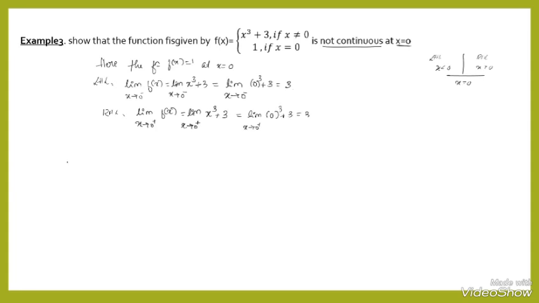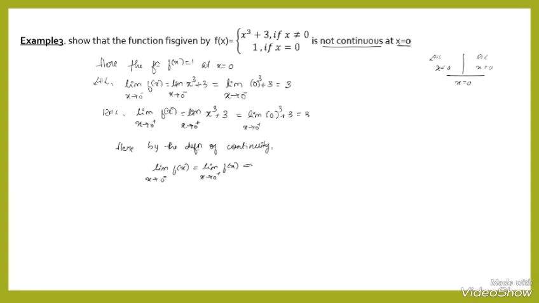Here, by the definition of continuity, what we say is that the limit as x tends to 0 minus of f(x) equals the limit as x tends to 0 plus, that is the right-hand limit, of f(x), but it is not equal to the main function value f(0).